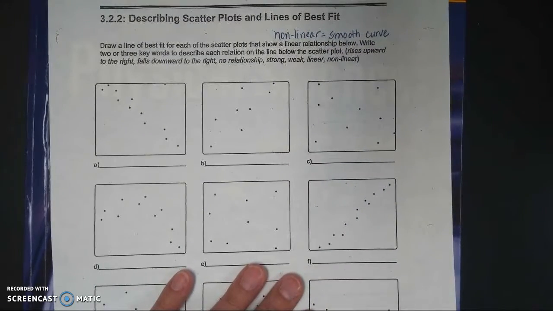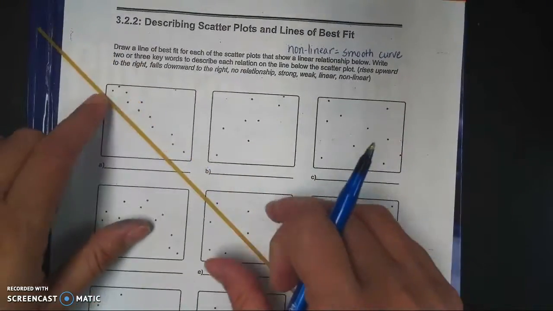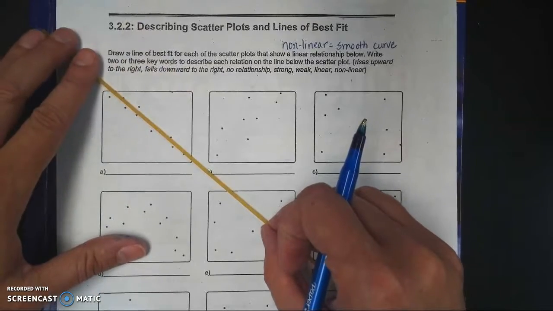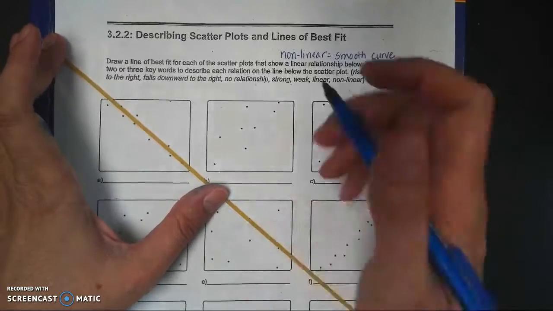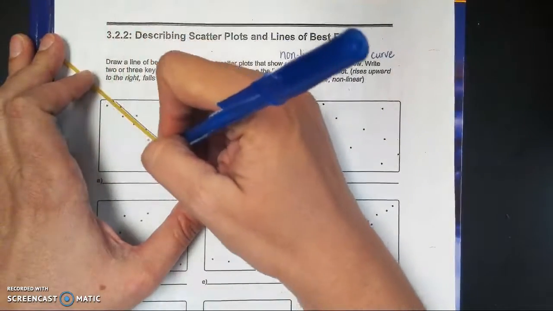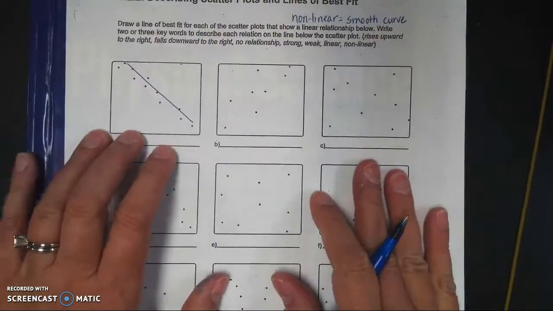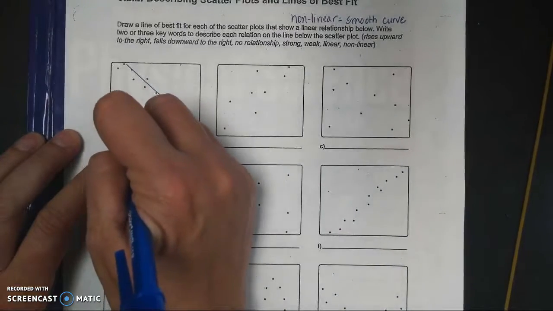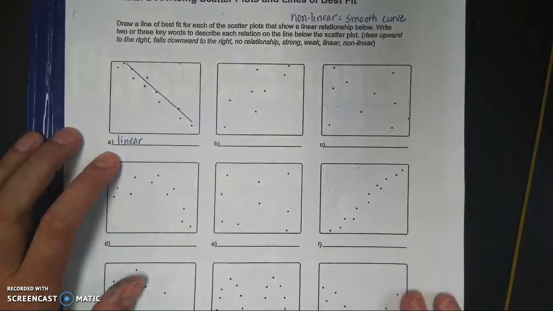So let me just show you 2 of these. The first one here, I know it's looking like it's going to make a line across the graph, so I need to draw in a line of best fit. I'm just going to use my spaghetti here to do that. Draw a line of best fit. I know that this is linear, so I can describe this first off as being a linear correlation.